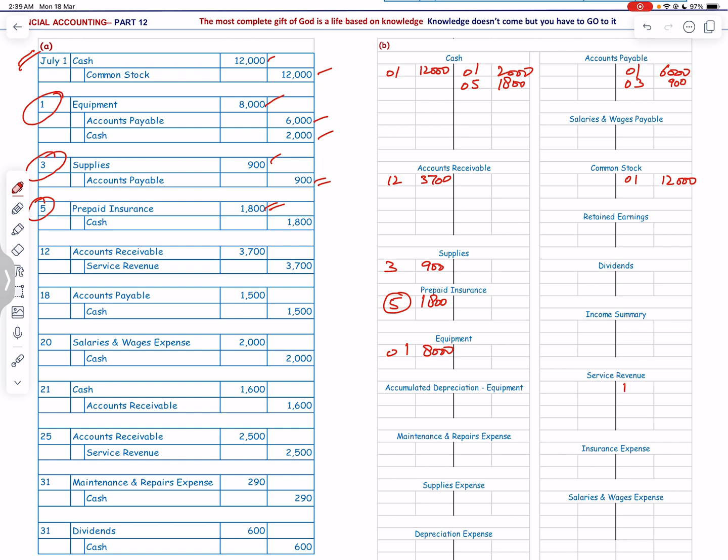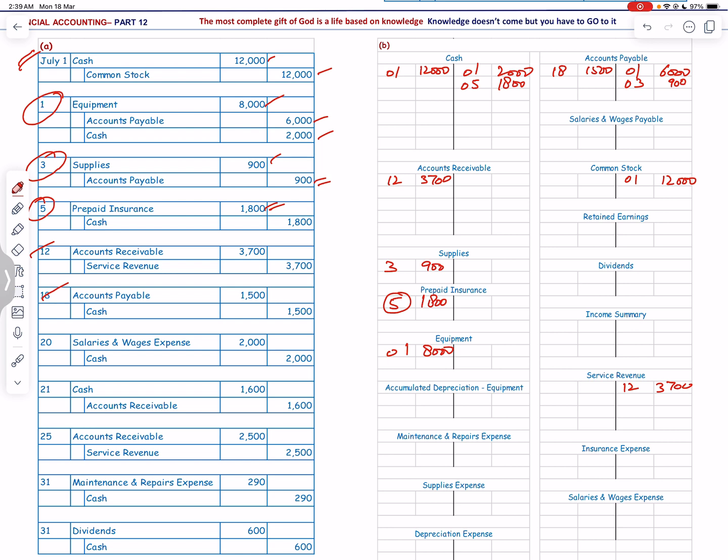Next we have accounts payable debited by 1,500. The date is 18th, and cash is credited by 1,500 on the 18th.